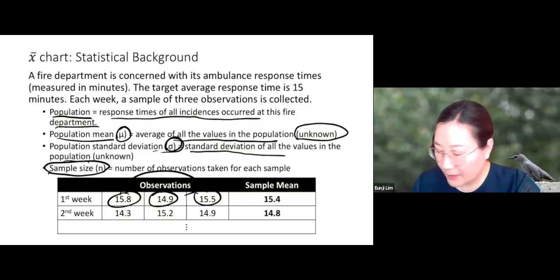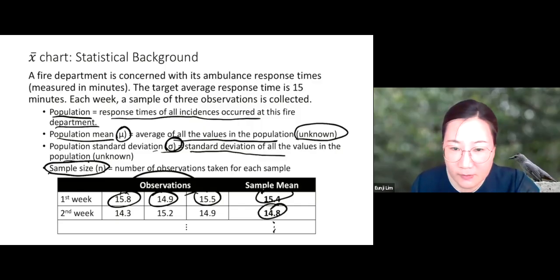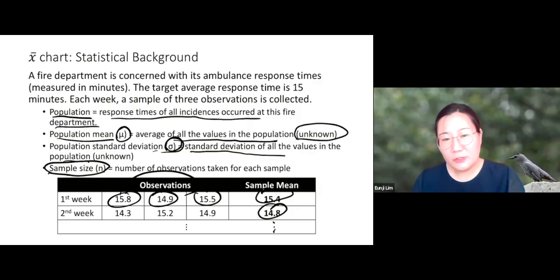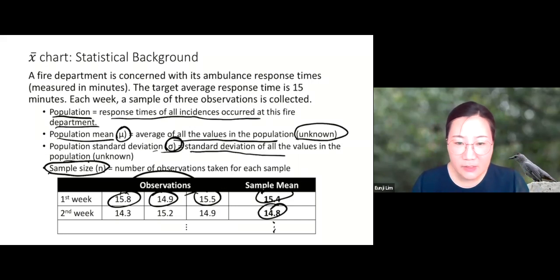Now, in the following data set, we computed the sample mean of each sample, right? And they are different from each other because we always have different values in each sample. So in other words, the sample mean is not a fixed number. It's a random variable with some kind of distribution. So what do we mean by the distribution?